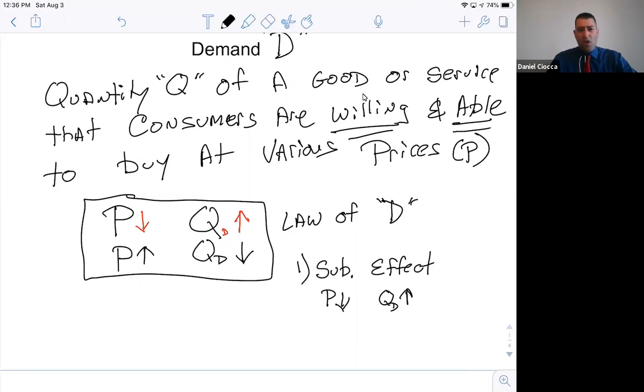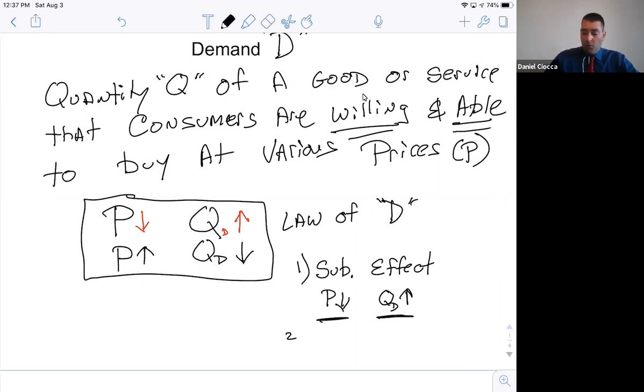Okay, isn't that just the law of demand? Yes, but we're explaining why it takes place. And the reason why the people are more willing and able to buy Coca-Cola when its price goes down is because they substitute it for other types of cola, perhaps Pepsi. And when the price of Coca-Cola goes up, the quantity of Coca-Cola that people buy goes down for the same reason. They start substituting something else for the relatively more expensive Coca-Cola, probably Pepsi.